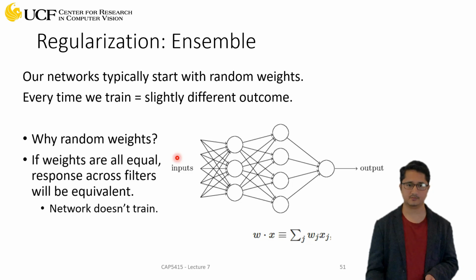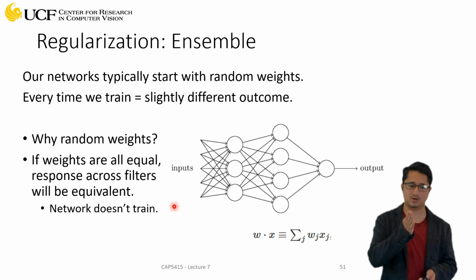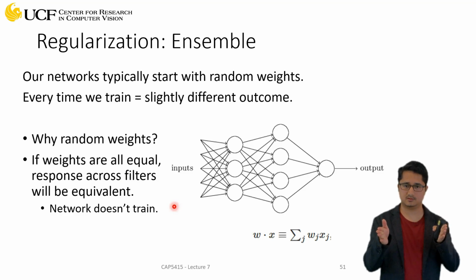Now another interesting thing is we initialize the weights randomly, and we want the values of the weights to be different. The reason is, if all the weights are equal, your network will not train, because all the values in your filters are the same. If you have 100 different filters, all of them are going to give you the same output.